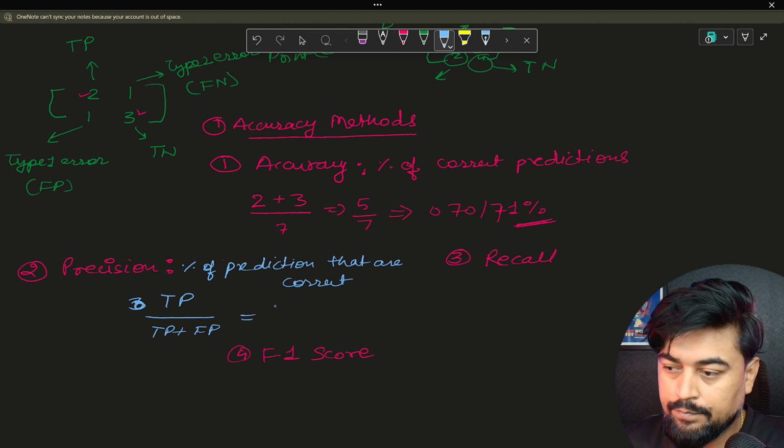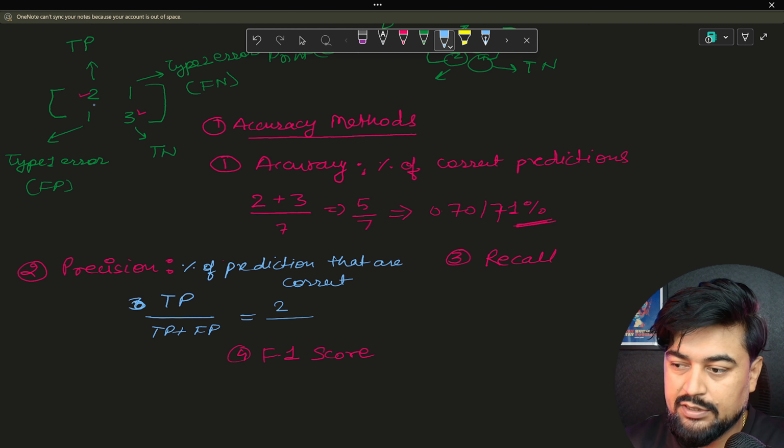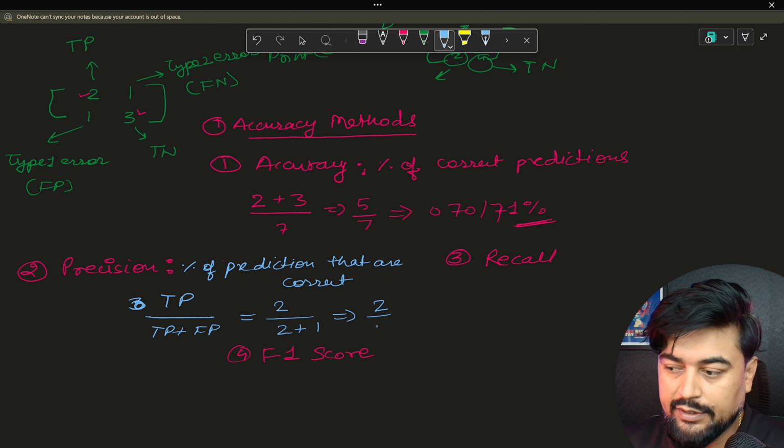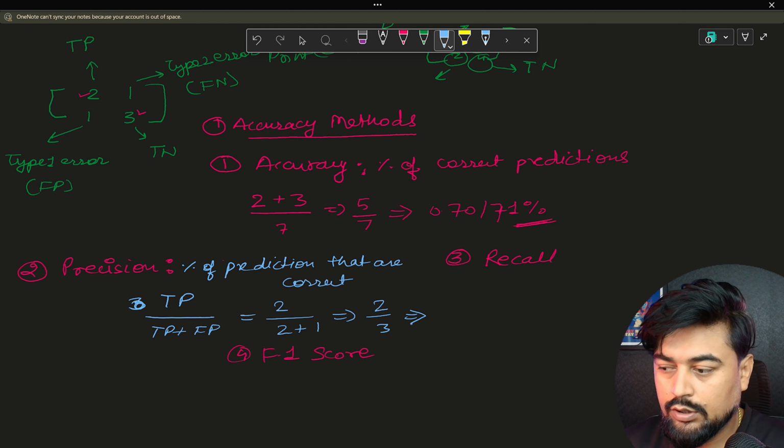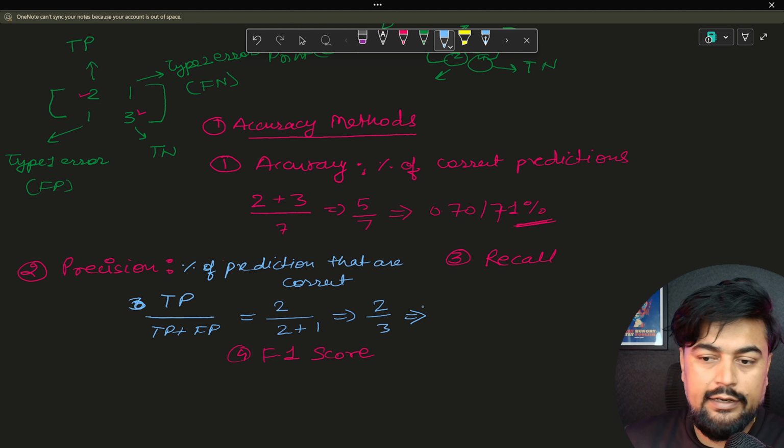TP is 2, and what is FP? Where is FP? This, so that is 1. So it will be 2 divided by 3. If you divide 2 by 3, we'll get the percentage.